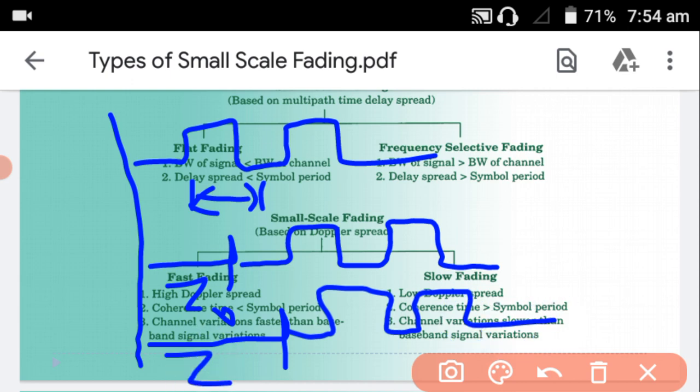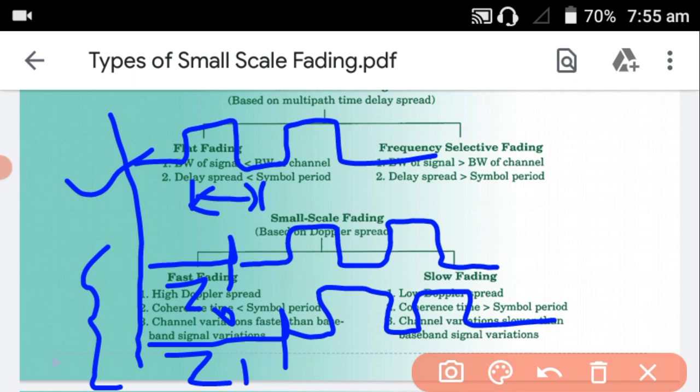So Z1 is the delay. The first one is the exact signal we want to transmit. Due to the multiple paths, there will be a delay in the signal. So the first delayed signal will start after Z0 seconds, and the second signal starts after Z1 seconds.